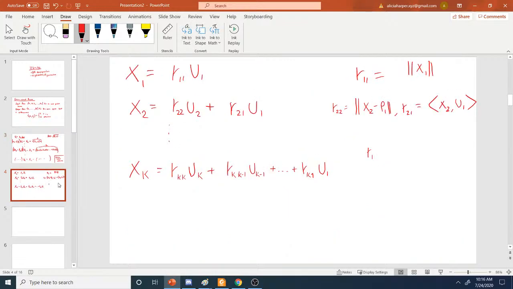In this case, rkk is equal to the magnitude of xk minus pk, and rki is going to be equal to the inner product of xk with ui.